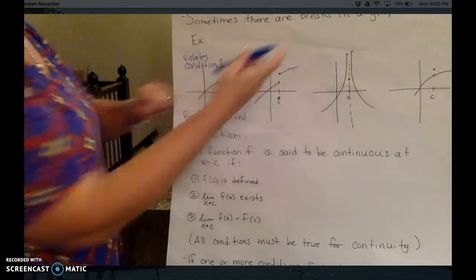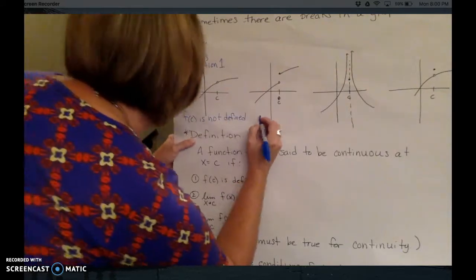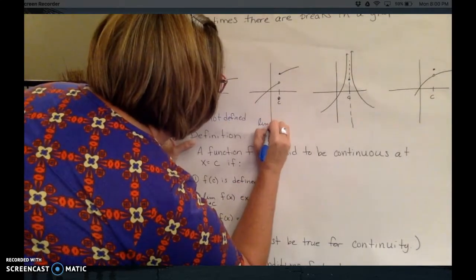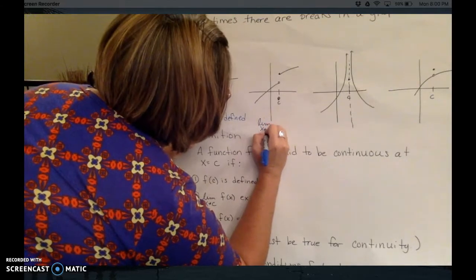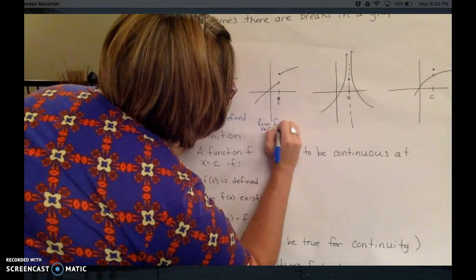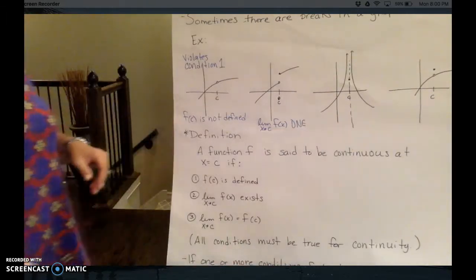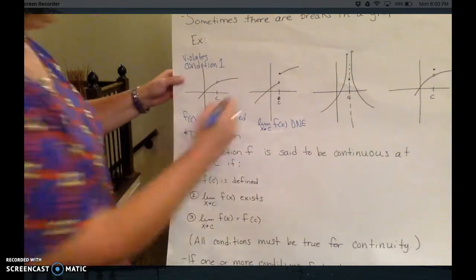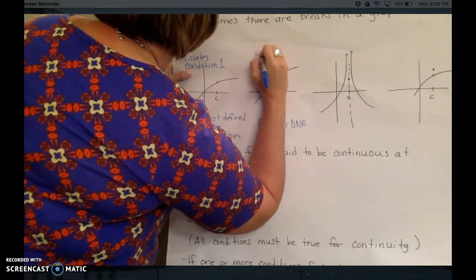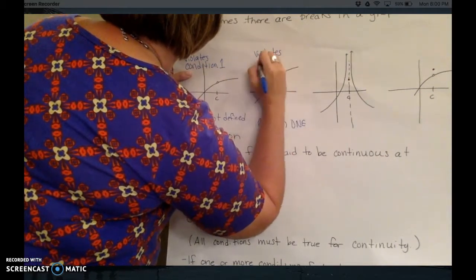These do not meet. Therefore, the limit as x approaches c of f of x does not exist on this one. And so this one violates condition 2.